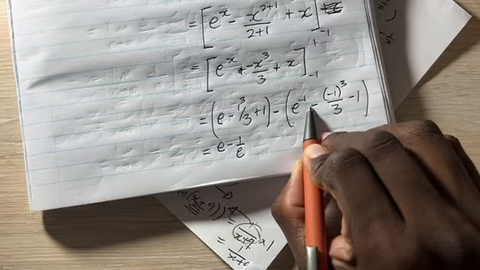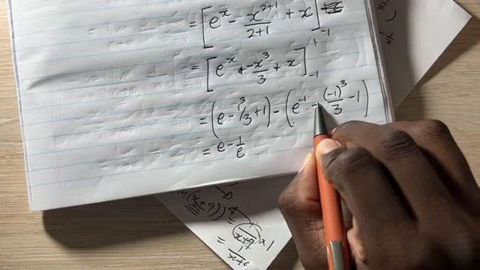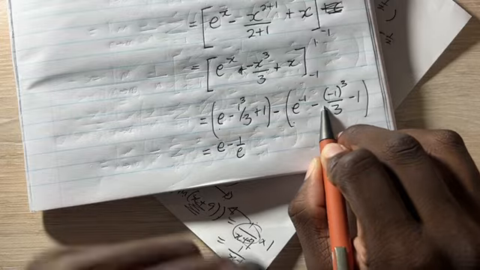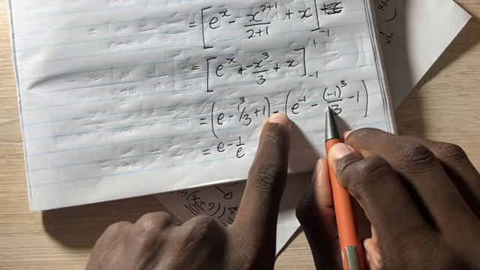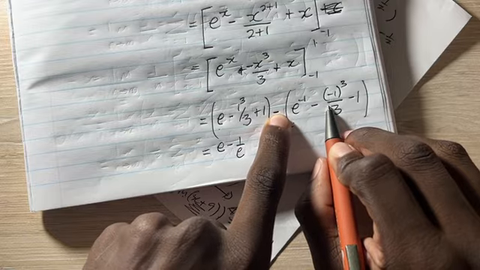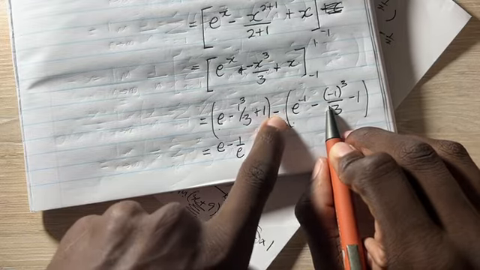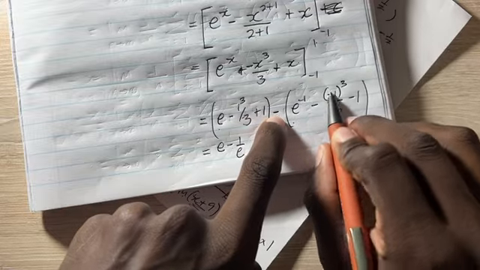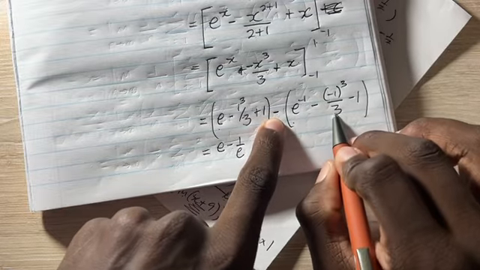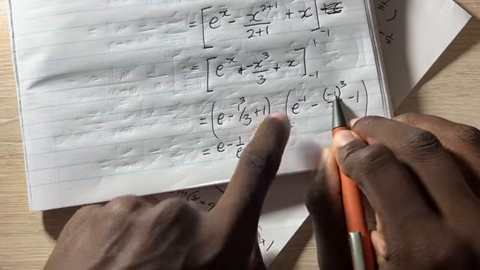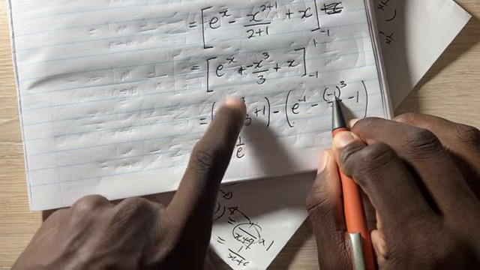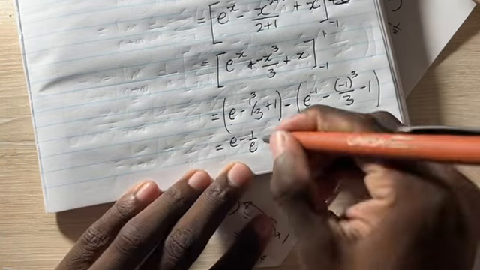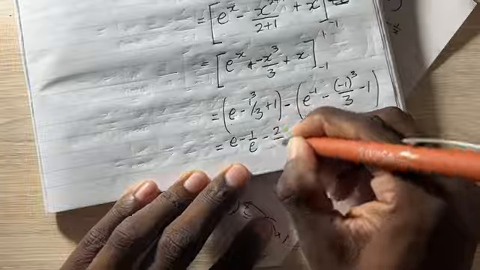The negative sign here makes it a positive 1, so the positive 1 times this negative sign becomes a negative 1 again. Then looking at the numerator, the denominator is still 3. That's a negative 1 minus negative 1 over 3. So that's minus 2 over 3.